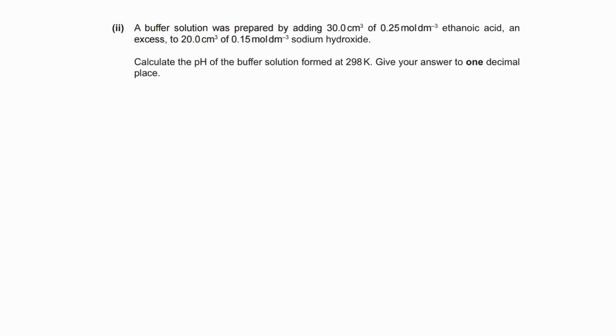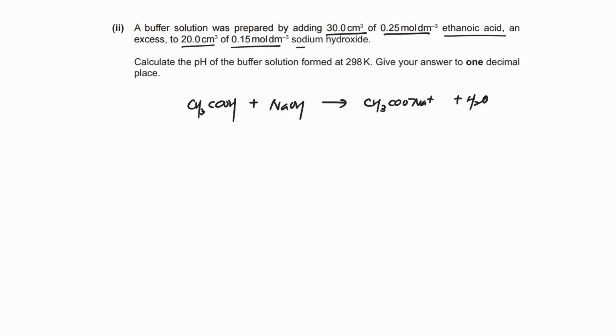For the reaction between ethanoic acid and NaOH, a salt and H2O are the products. With the given information, we have the volume and concentration of ethanoic acid, and the volume and concentration of NaOH. So first of all, we need to get the moles of them.